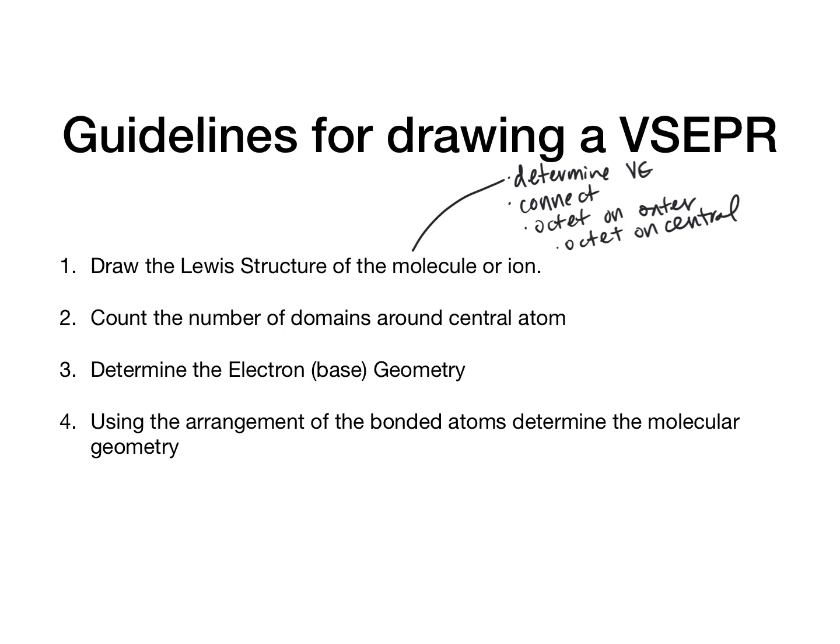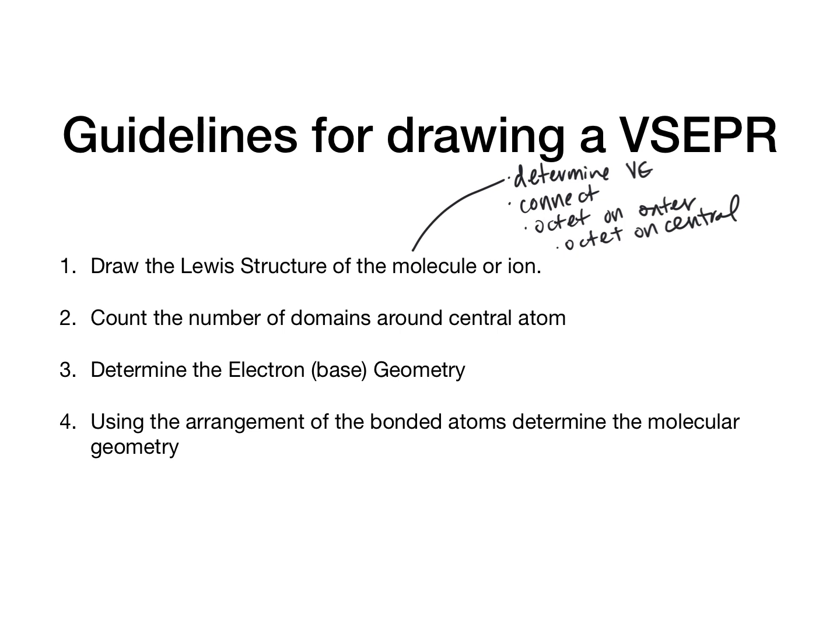And if it is an octet violator, you will take that into account. Once you have a Lewis dot structure, you will count the number of domains or steric numbers around the central atom. Then you will determine the base geometry or the electron geometry. And then you will use the arrangement of the bonded atoms to determine the molecular geometry or shape.